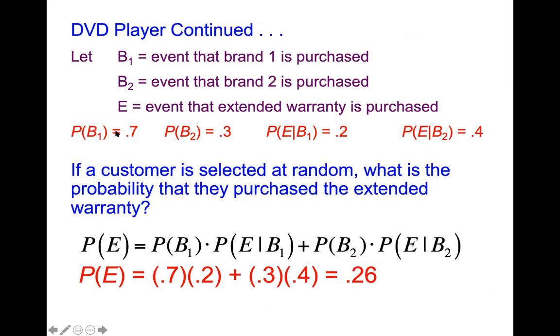Brand 1 and the extended warranty given brand 1, plus brand 2 times the extended warranty given brand 2. Since they're disjoint events, I could just add them, no intersection to subtract, and I get 0.26. All right, any questions?